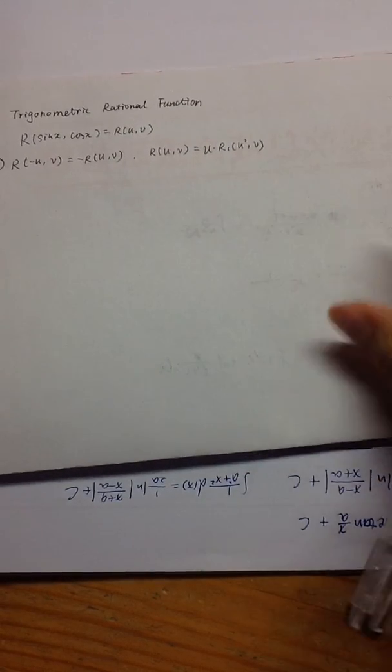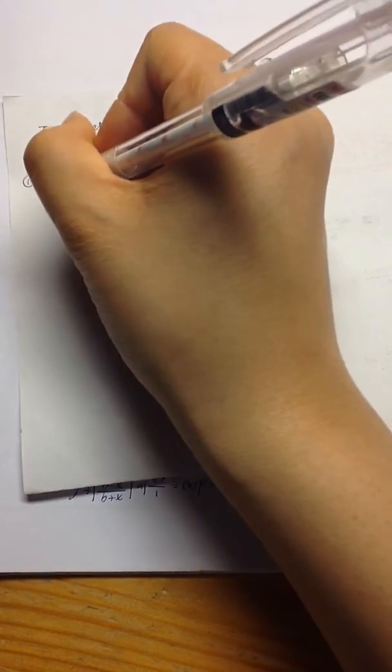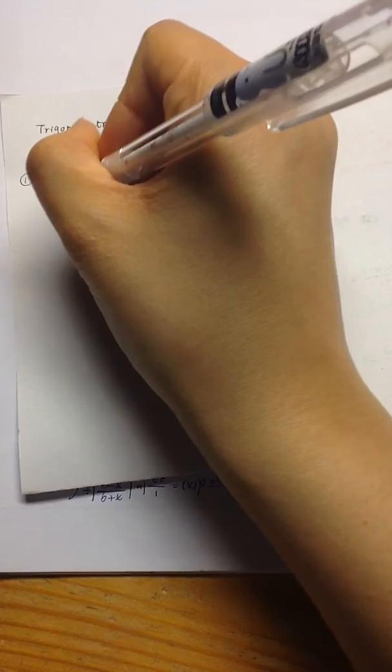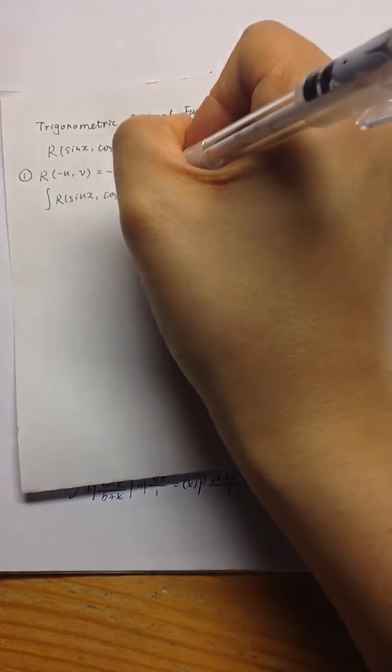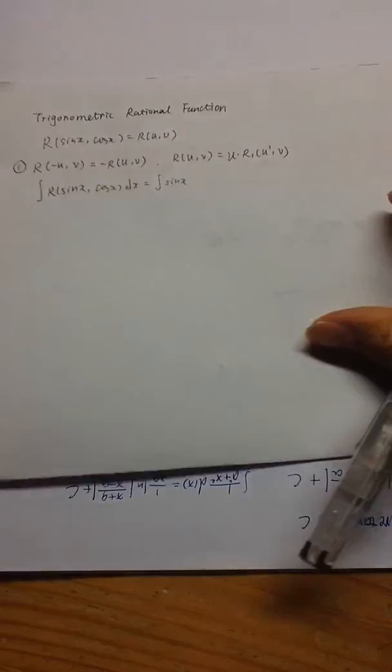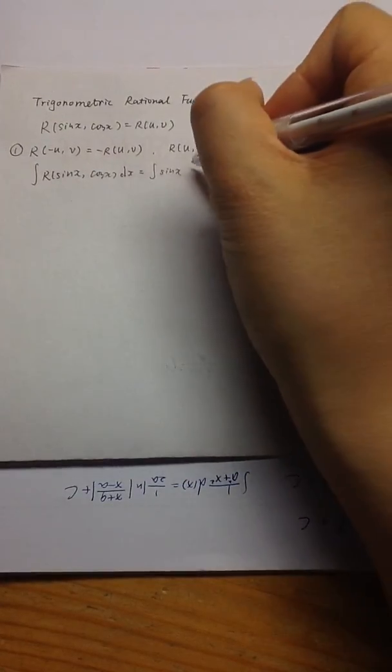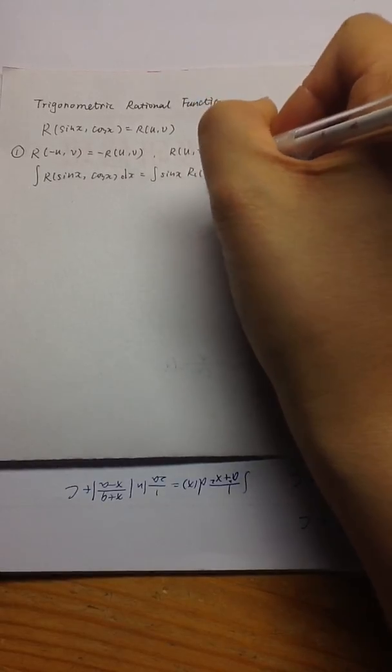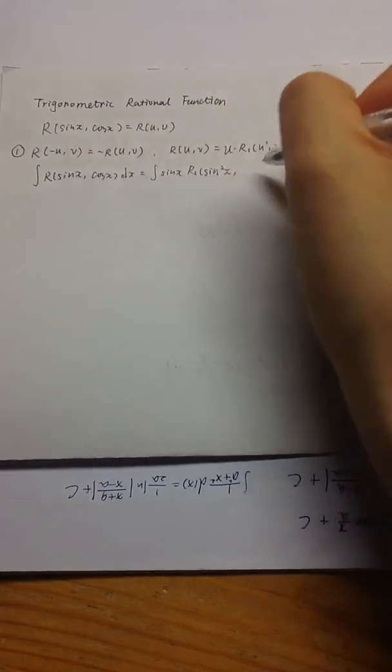So when we are doing the integral calculation, we can write like this: get sine x out of the R function and get the R_E function.